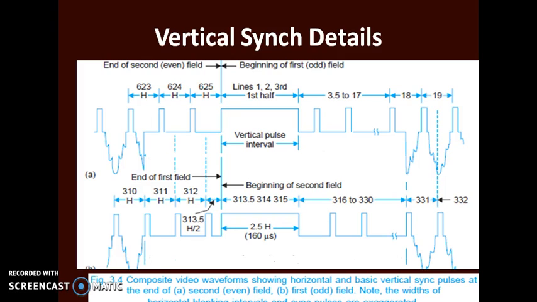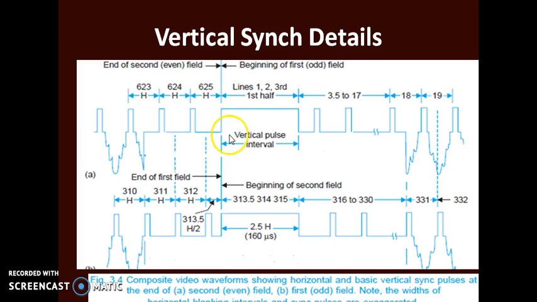Vertical sync pulses are added at the end of the first field, at the end of 312.5, and the second at the end of the 625th line, and its duration is equal to 2.5 into 64 microseconds, so that will be 160 microseconds. So these are the locations of your vertical sync details.